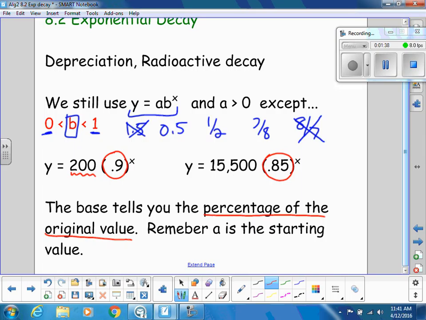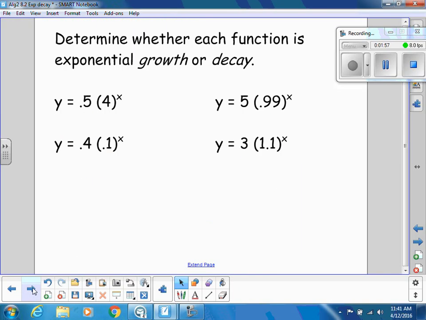Or for example, if I bought an expensive car for $15,500, I would know the next year it's only going to be worth 85% of the original value. Okay, so a, remember, is your starting point. That's our y-intercept. And then that b value is our percentage that's left over.